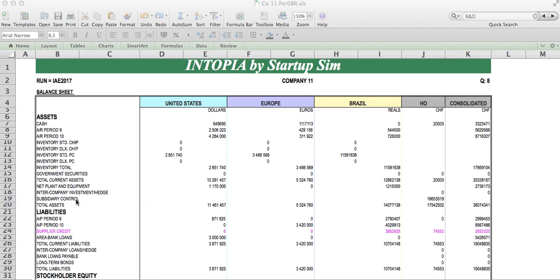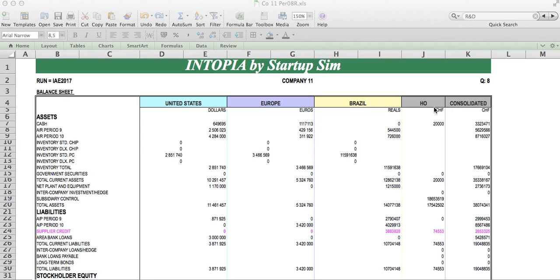And then subsidiary control is something we come to later when I talk about the headquarters. And the sum of the fixed assets and the current assets will be, of course, total assets. We have the same structure for all operational or operating units, US, Europe, and Brazil.